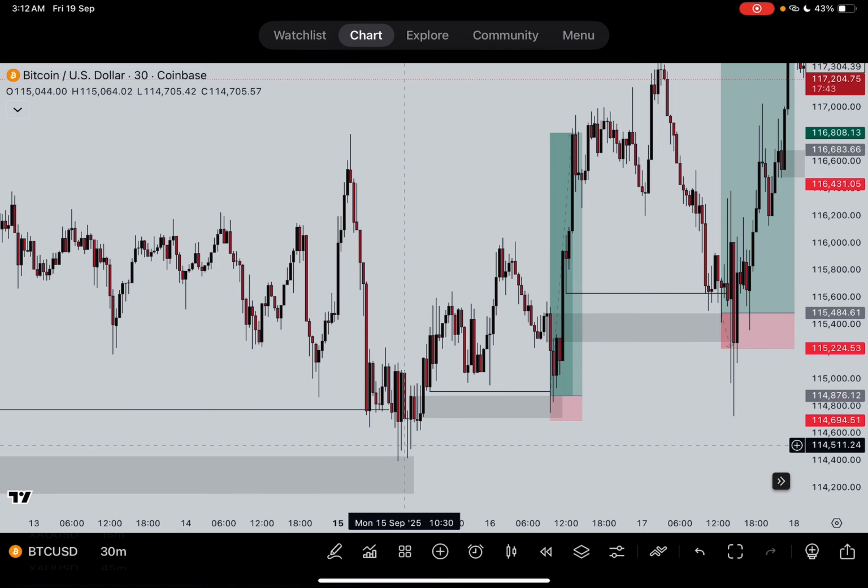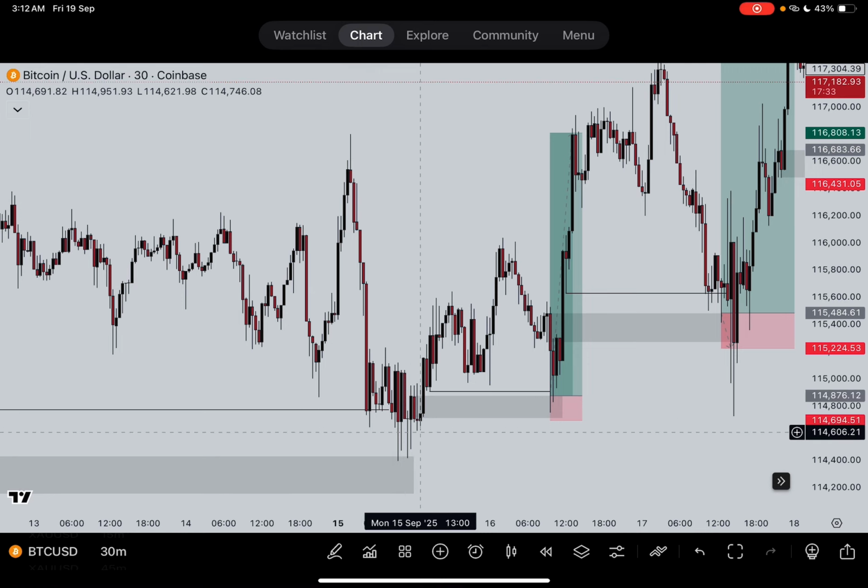Price gave us a lower high and a lower low, then a lower high and a higher low, because this low here is obviously higher than the one below. So this is a higher low and a higher high. Price cut this recent lower low to give us a market structure shift, and immediately the shift gave us liquidity.